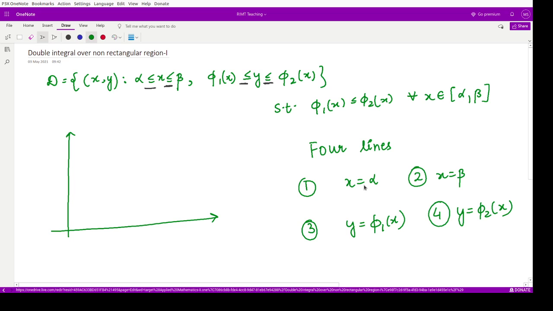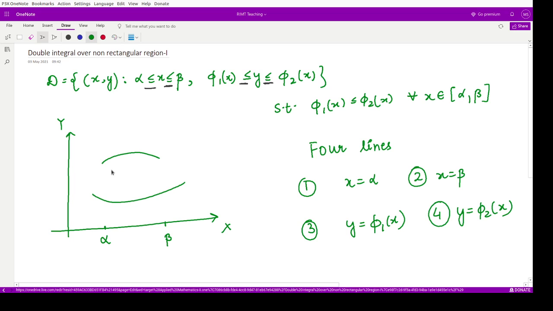Now corresponding to these equations, you can plot this. Suppose this is the x-axis and this is the y-axis. On the x-axis, this point is alpha, this point is beta, and suppose y is equal to phi1 of x is some curve like this, and y is equal to phi2 of x is another curve like this.